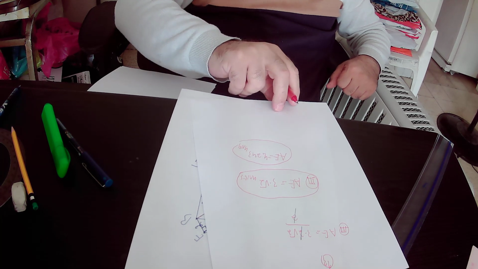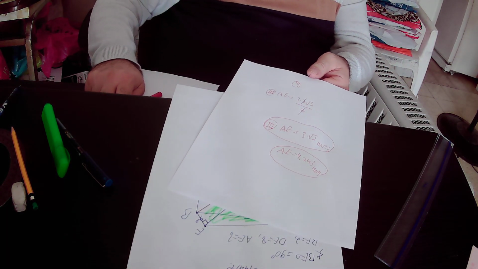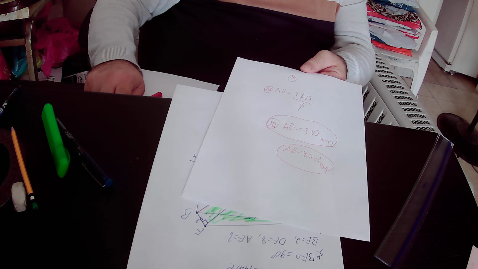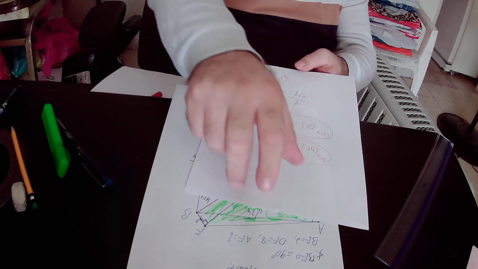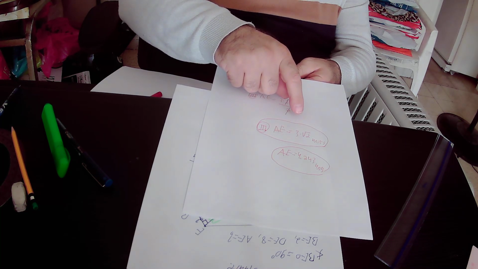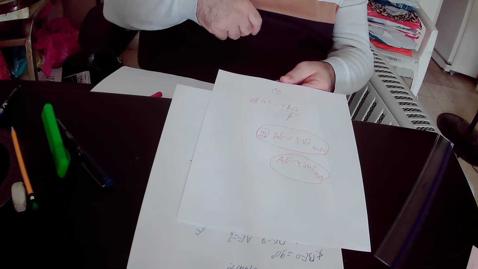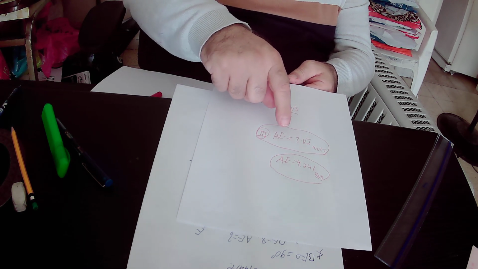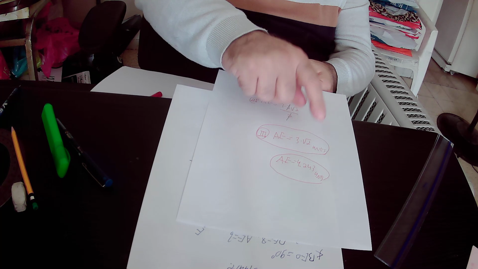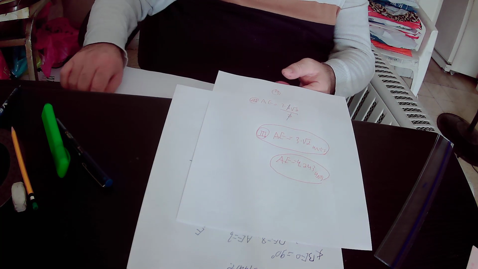So I will repeat again the answer to the question. The answer is that line segment AE equals 3 times square root of 2 units, or in terms of numbers, 4.243 units. Okay, that is the answer to the question.